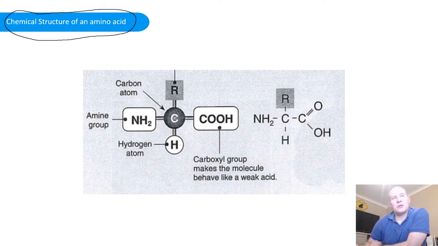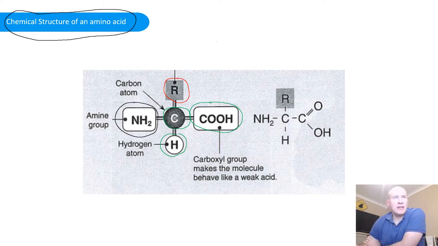So all amino acids have this amine group here, attached to a central carbon atom, and branching off it you've got a hydrogen atom, a carboxyl group, and the most special area of an amino acid is this R group here, which is sometimes called a variable side chain because it's only this thing that changes.